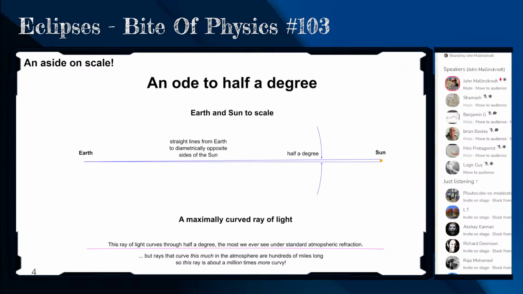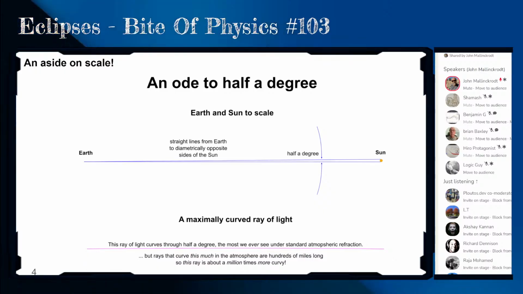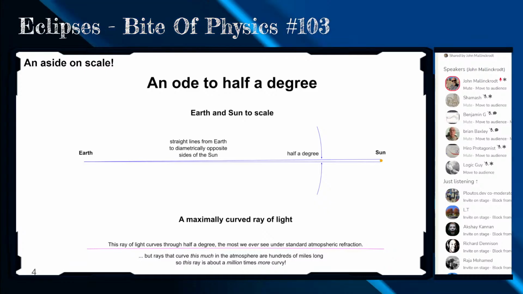We see it when it's just a little below the horizon because light from the sun curves downward, and as a result, it can curve around the horizon into our eye. In doing that, it curves by about a half a degree.